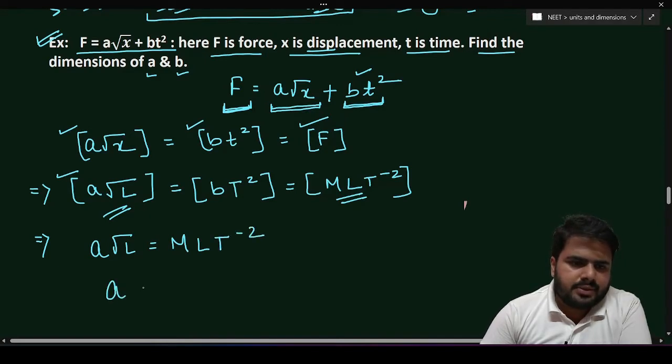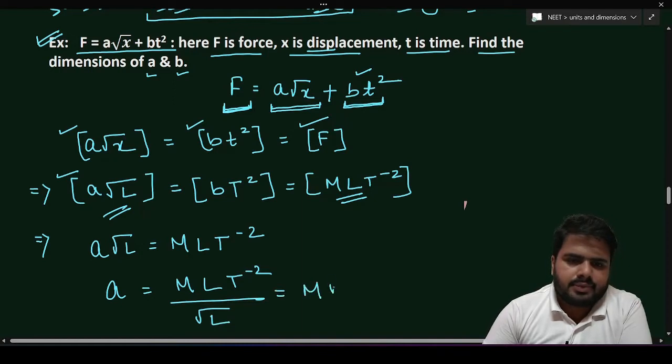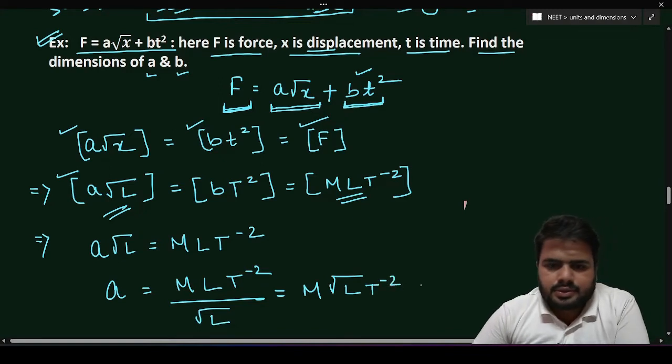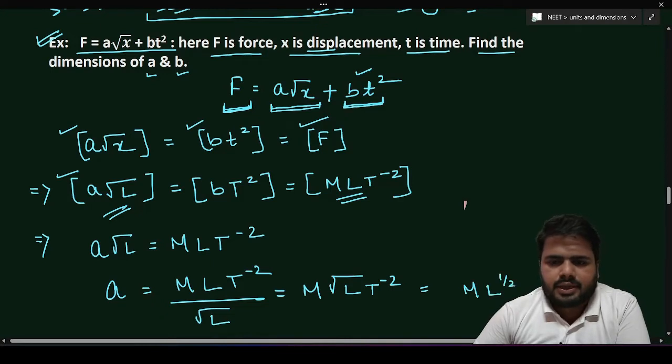So the dimension of A equals M L T minus 2 upon root L. On solving you will get M root L into T minus 2, which equals M L to the power half T to the power minus 2. So this is the dimension of A.